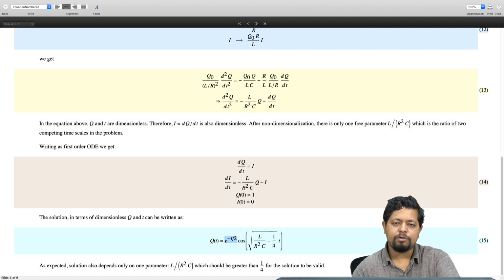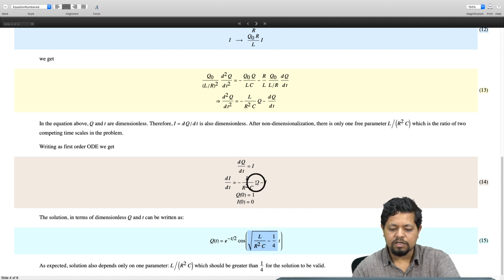This is simply an exponential of minus t by 2 and a cosine function of this argument, where I have got the constant square root of L by R square C minus 1 by 4, this constant multiplying dimensionless time, and this constant inside the square root is also dimensionless. Now my solution only depends on the ratio L by R square C.